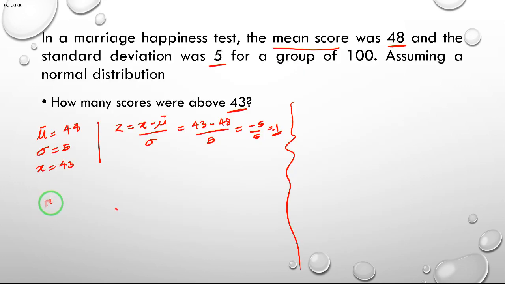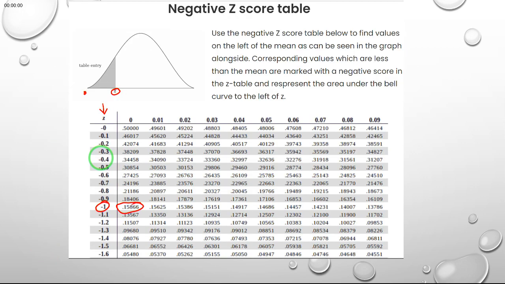So the probability that x is less than 43 is 0.1587. But remember, the question is asking for when the score is above this figure. So we are being asked to find the probability from z to the maximum value.